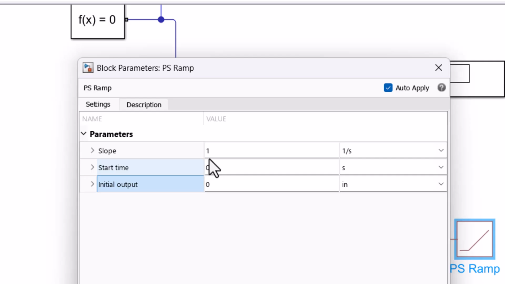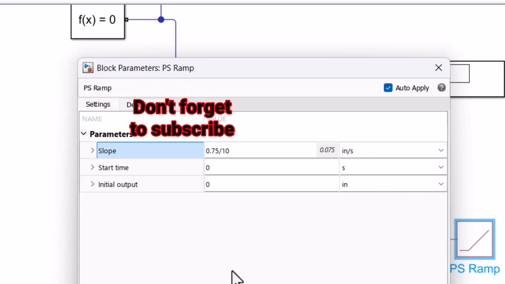And the valve opening is going to increase at 0.75 over 10 inches per second. So after 10 seconds, the valve is going to reach the 0.75 spool position. So it is going to be fully open.